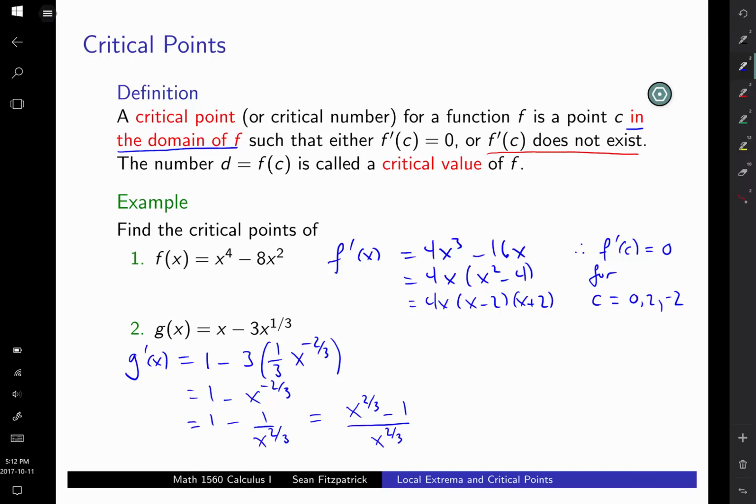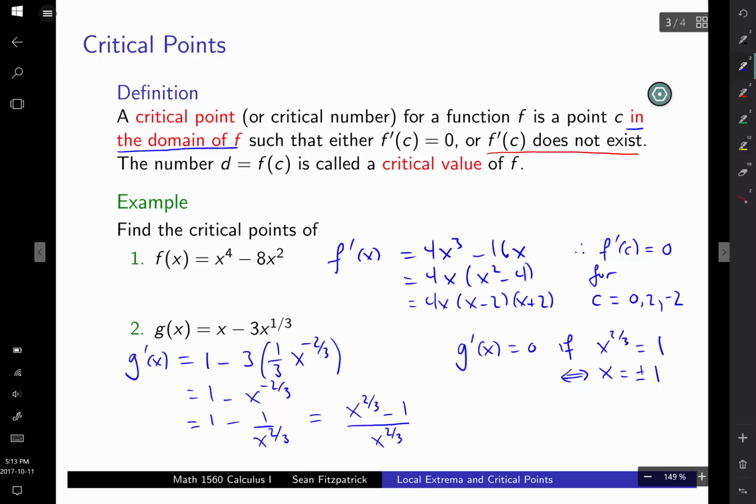So now we can see that g prime of x equals 0 if x to the 2/3 is equal to 1, and that is if and only if x is equal to either plus or minus 1.